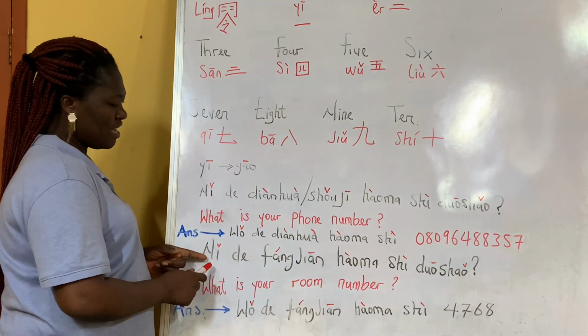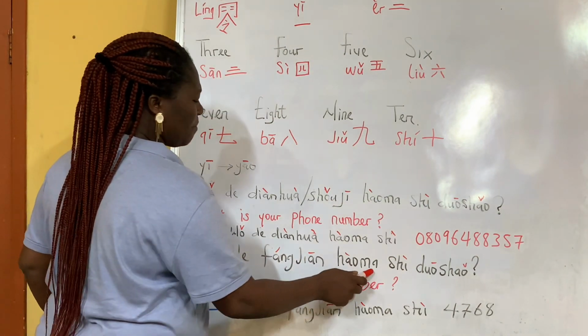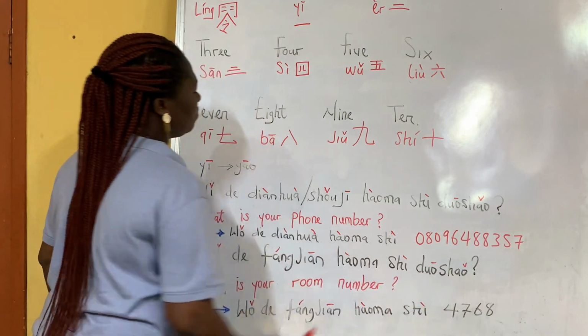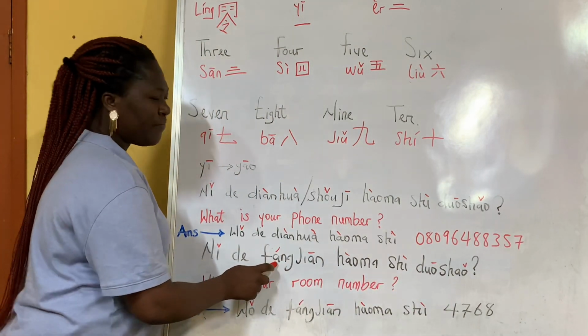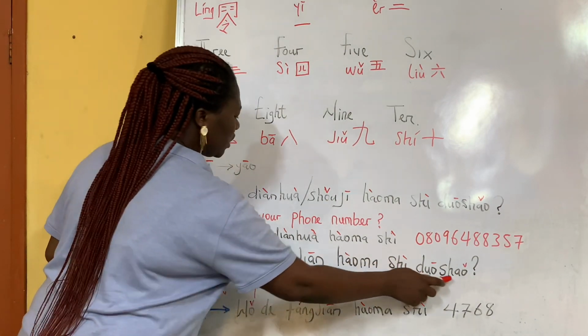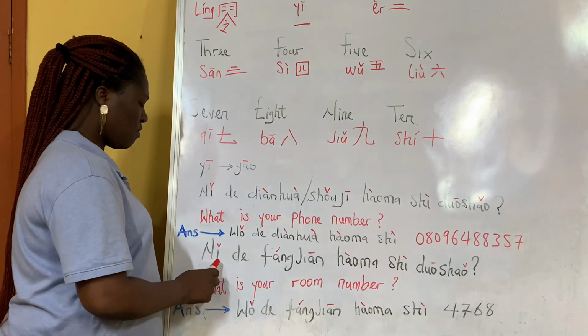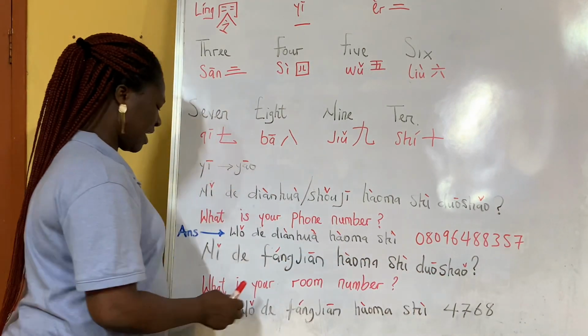Then the next one, how do you say what is your room number? 你的房间号码是多少. Can you repeat after me? 你的房间号码是多少, which means your room number is how many? Okay, how do you answer it?